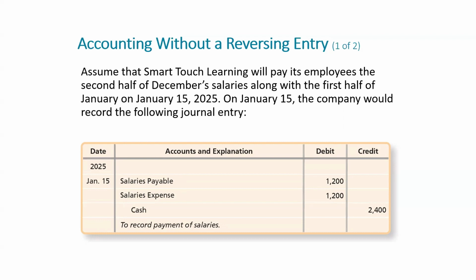So on January 15th, the company would record the following journal entry: a debit to salaries payable of $1,200 and a debit to salaries expense of $1,200 on January 15, 2025. And then a credit to cash of $2,400 on January 15 to record payment of salaries.